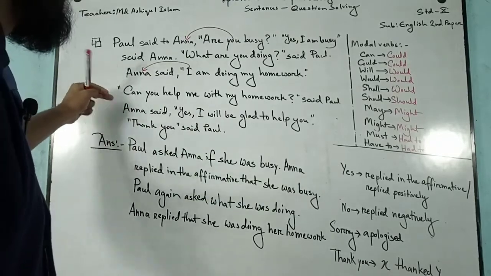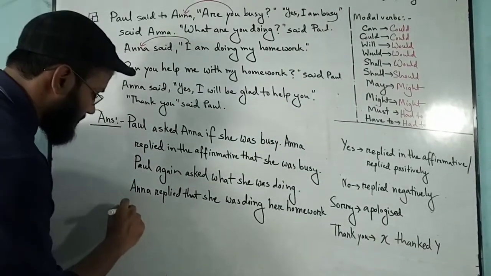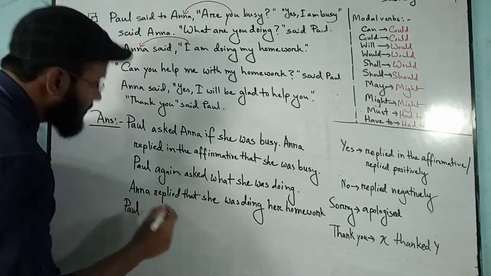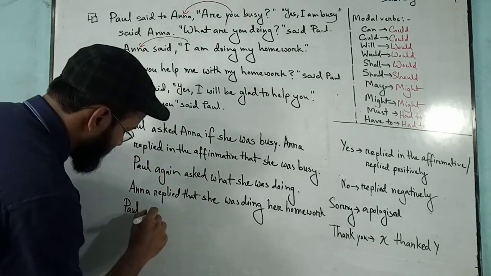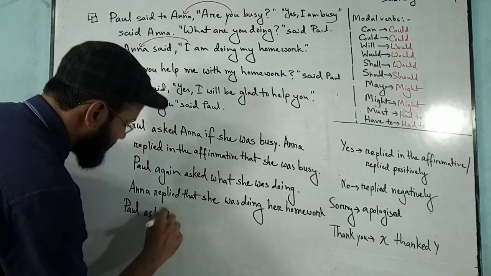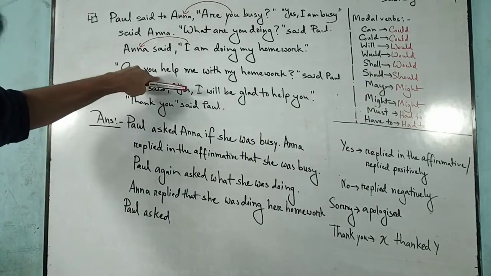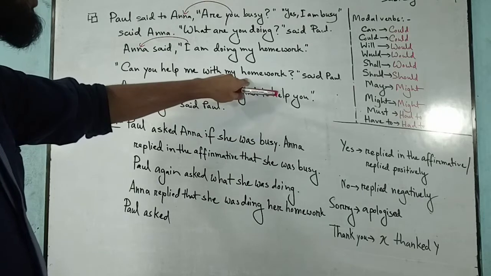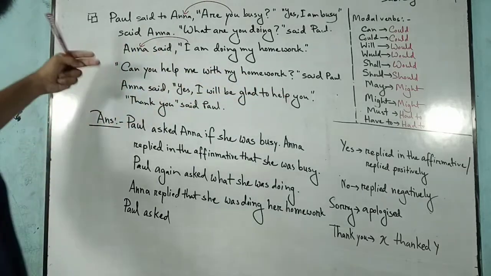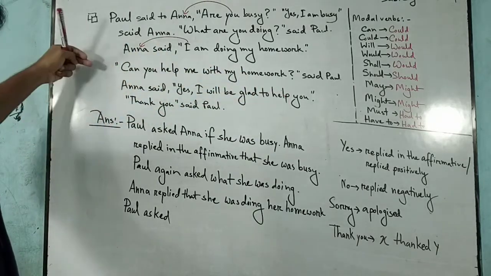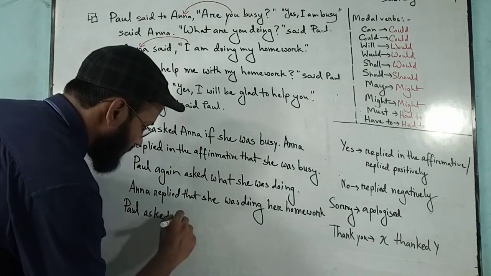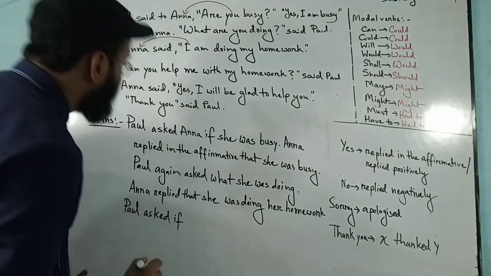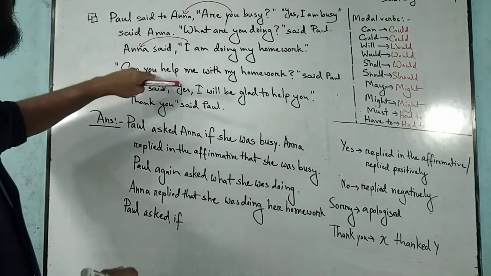Okay, let's go further. Let's see what Paul says. So Paul is again asking a question, which is, Paul asked, can you help me with my homework? So Paul is trying to make sure if she could help him. So it's a yes/no question again, so we're going to use if. Paul asked if.